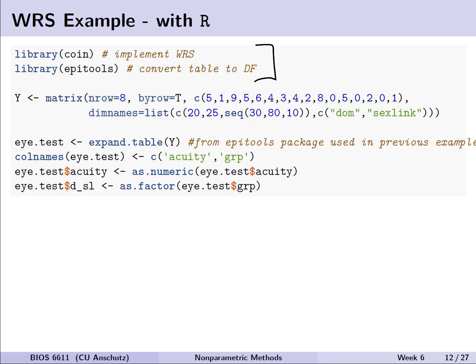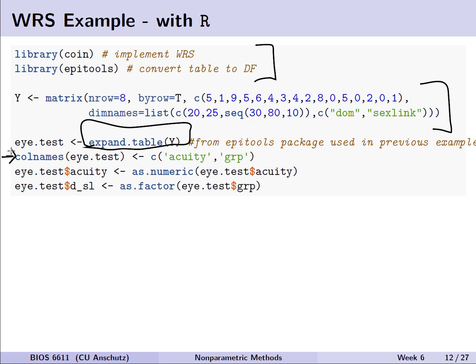So again, the first thing we do here, we'll define a matrix Y to replicate the results we had on the previous slide for our table. We'll then use expand.table on that matrix Y to transform it automatically into a data frame. And then we can, in the next line of code with colnames, rename it so we have informative titles for each of the columns.